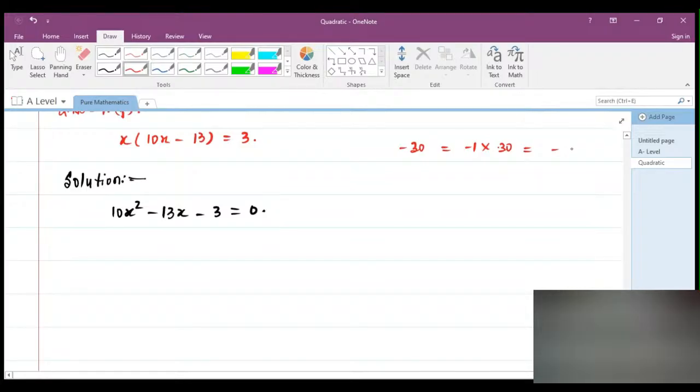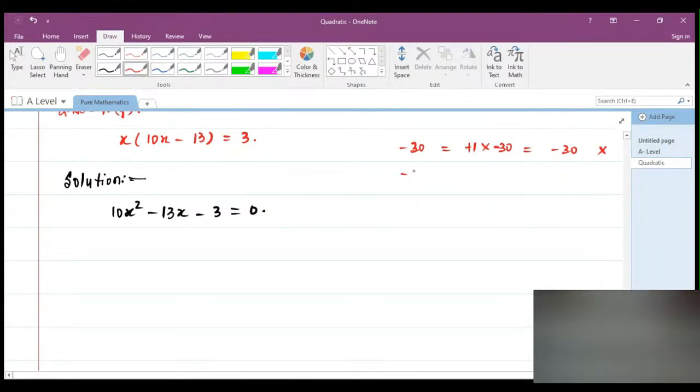Minus 30 and addition will be 29. So this is not possible. So we write down minus here and this is the plus. So multiplication is minus 30 and here addition will be minus 29. So this is not suitable.